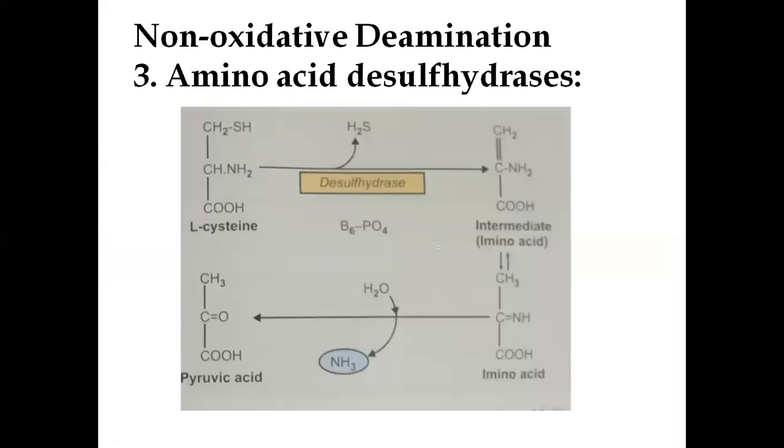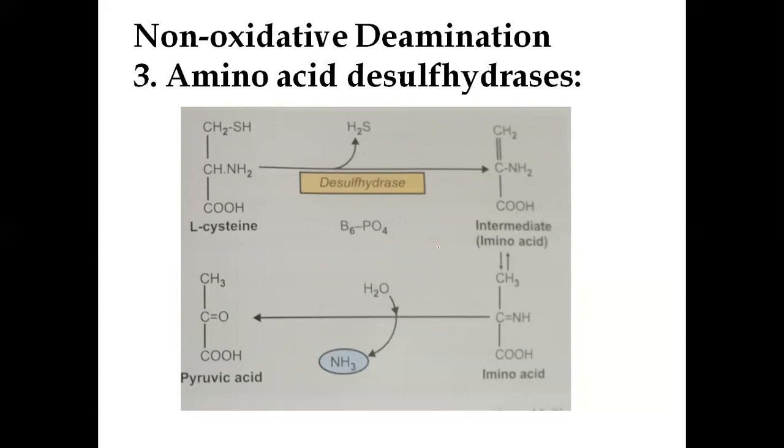The other one is the sulfur containing amino acids. The sulfur containing amino acids like cysteine and homocysteine are deaminated by the removal of, first, H2S, forming an amino acid.